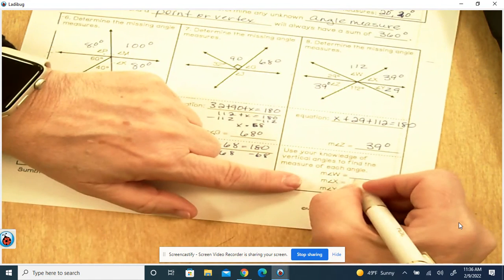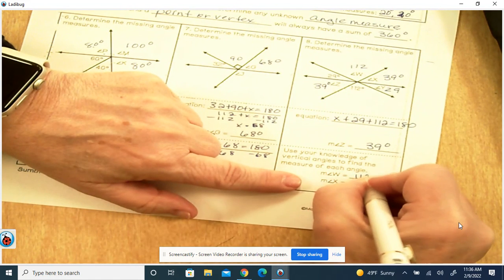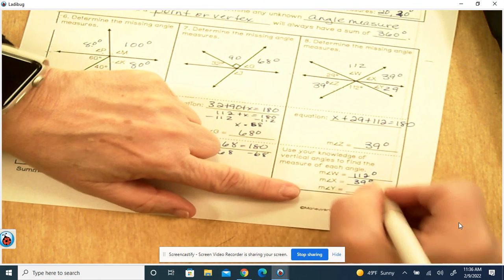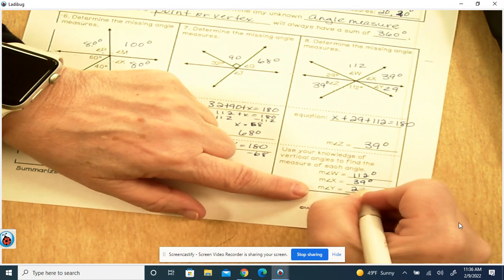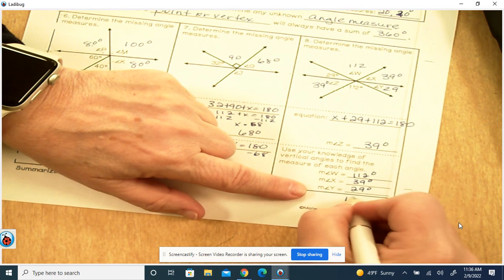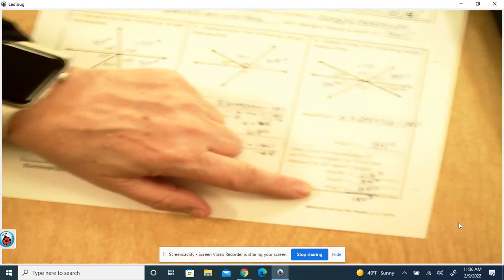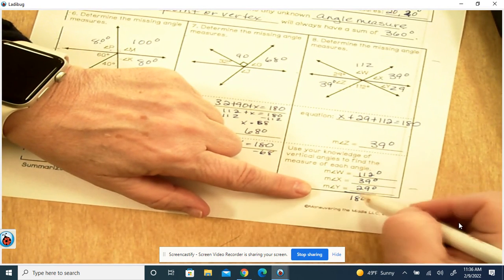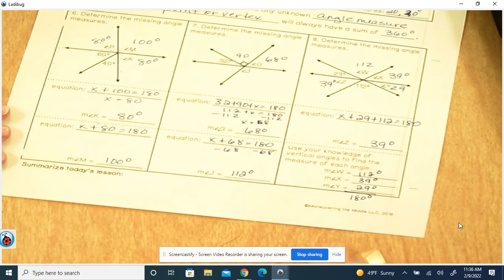So the measure of w is 112. The measure of x is 39. And the measure of y is 29. And all those three together should equal 180 degrees. And they do.